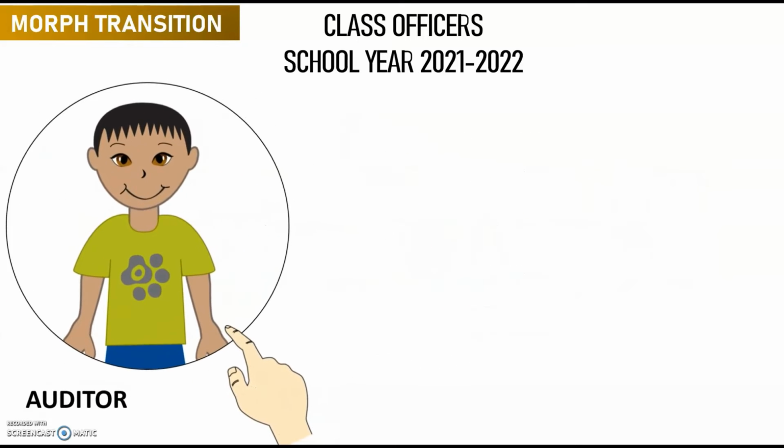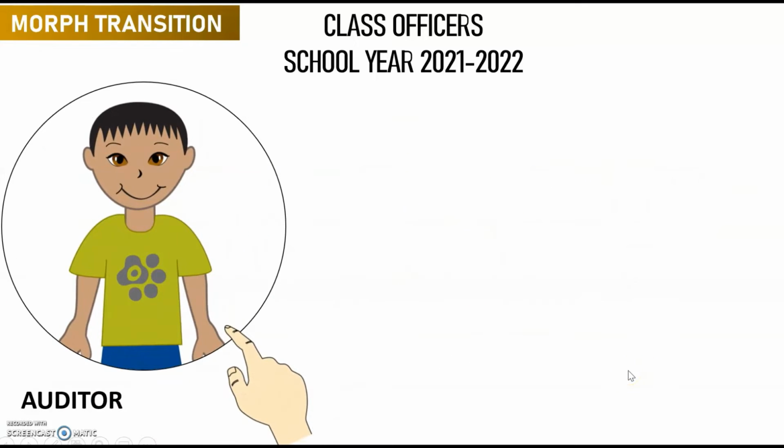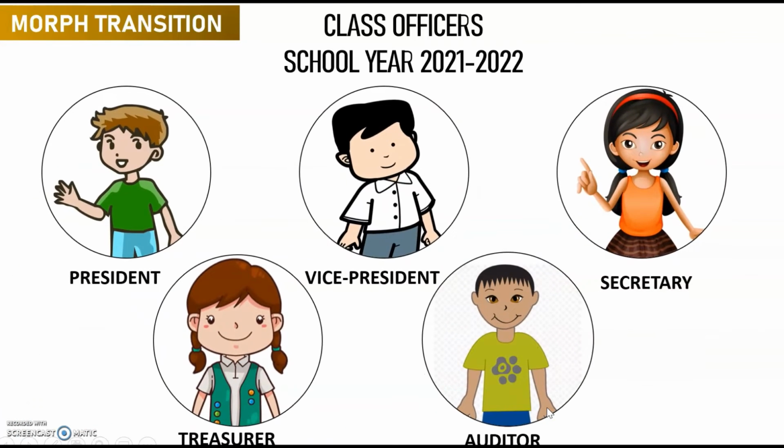Then you have the auditor. If you still have other officers in class elected, like the PIO or peace officers, muse, and escort, you can also include them here. So this is one of the things that you can do in your class orientation.